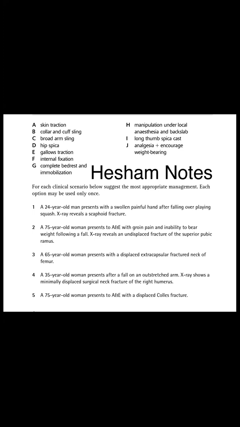But in this patient with just a superior pubic ramus fracture, the patient can be managed conservatively with analgesia and encouraging weight bearing. This is a simple fracture of the pelvis. All pelvic fractures can be managed conservatively except if the patient has associated vascular or visceral injury, like bladder or urethral injury. So analgesia and encourage weight bearing. So 1 is I, 2 is G.